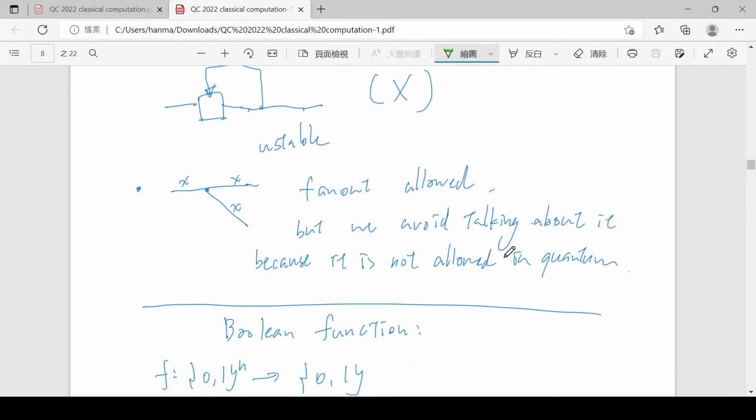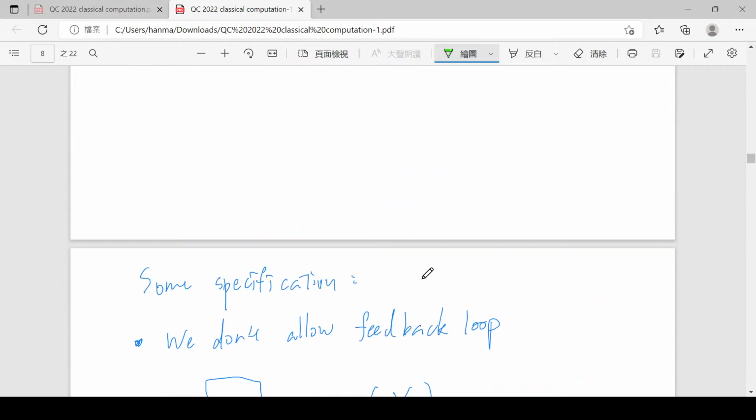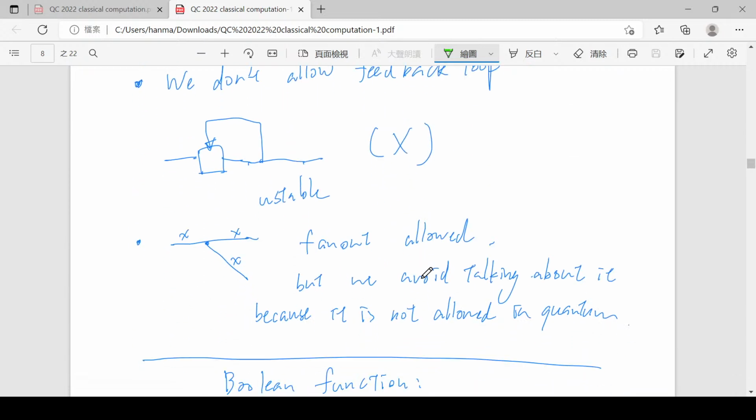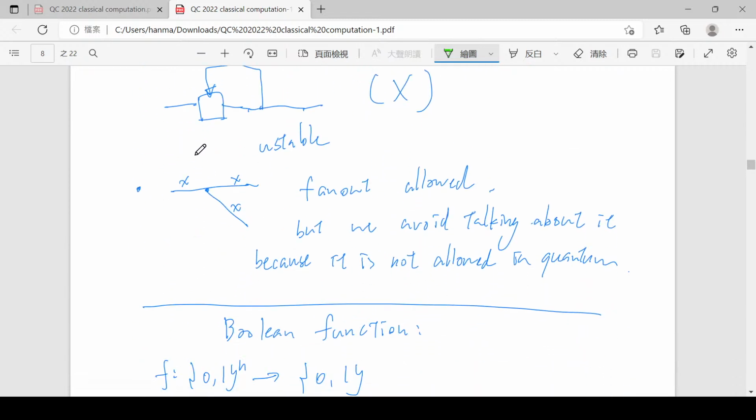But we're mostly avoiding doing this because we use the classical circuit model as the basis for the quantum circuit model, and this is not allowed in the quantum circuit model, as we will see.